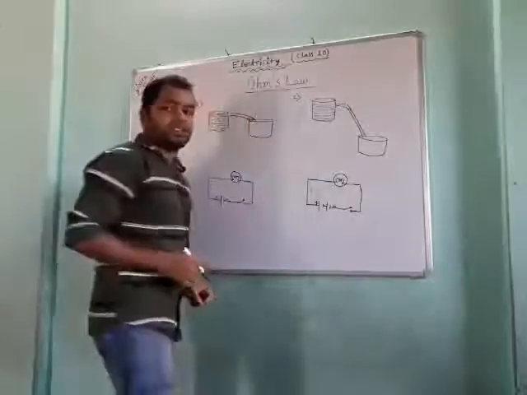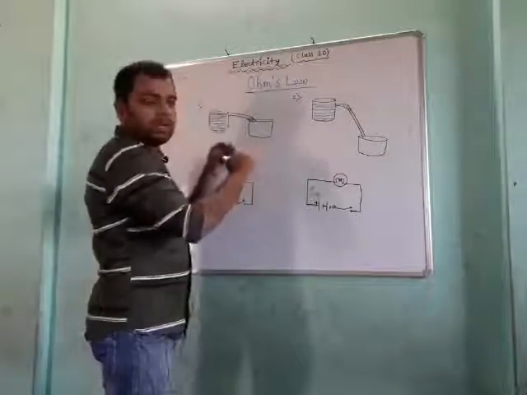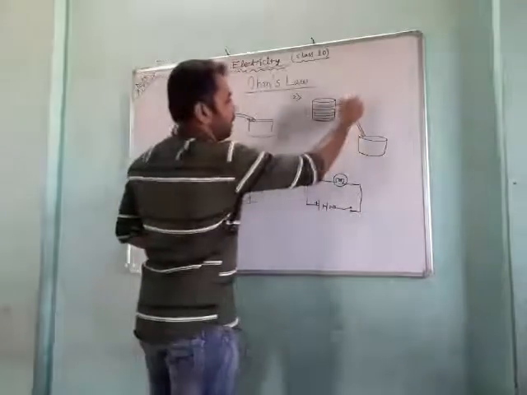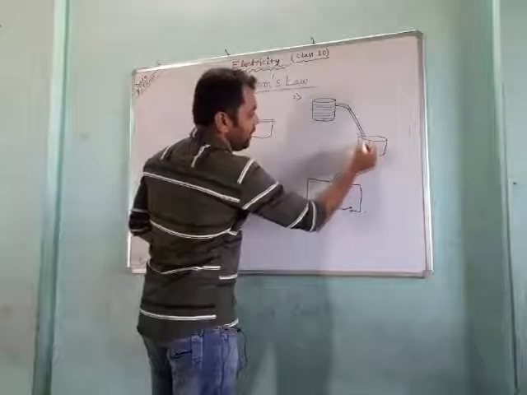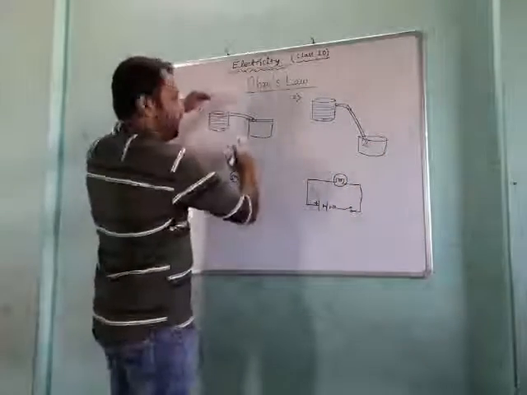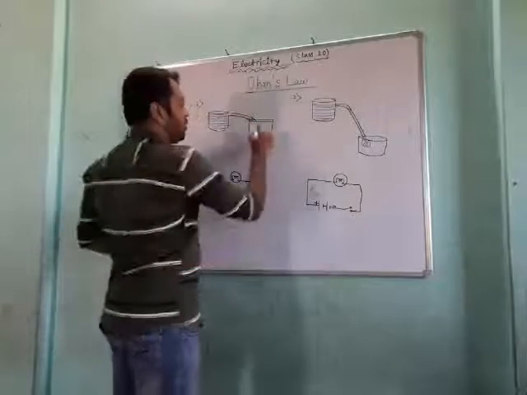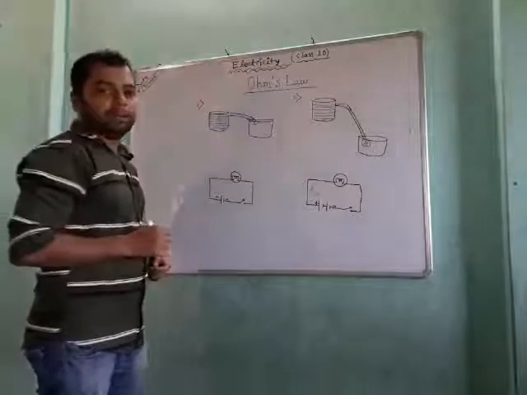Here the height difference is maximum and here the height difference is minimum. That's why at the maximum height difference we will get a maximum flow of water, and at the minimum height difference we will get a minimum flow of water.